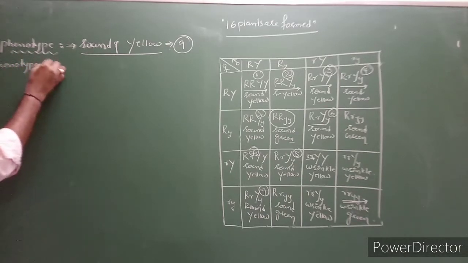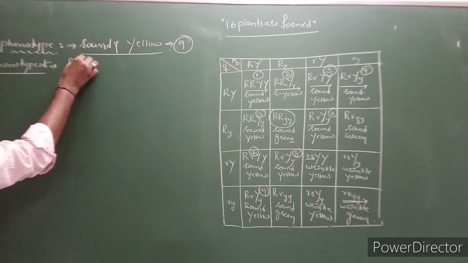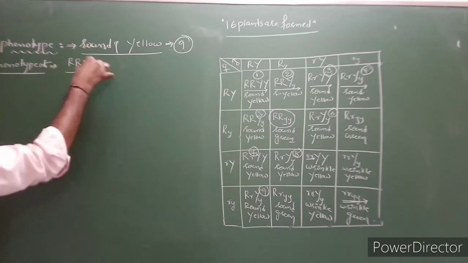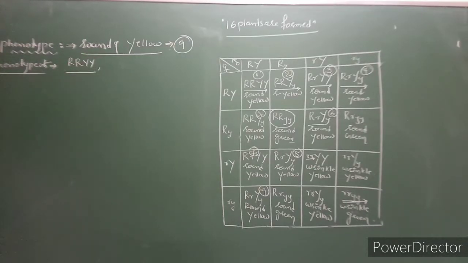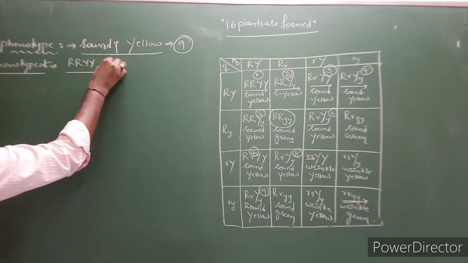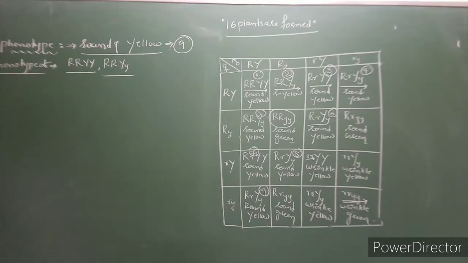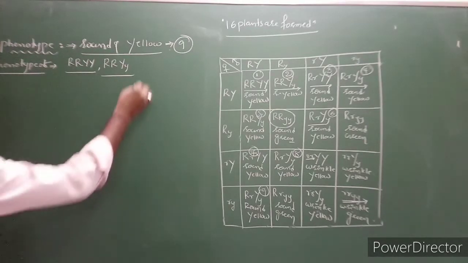Genotype of this character. Okay. Here, capital R, capital Y. Which character? Round and yellow. Homozygous. Capital R, capital Y, small y. Again, round and yellow.